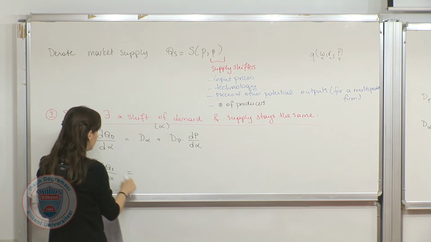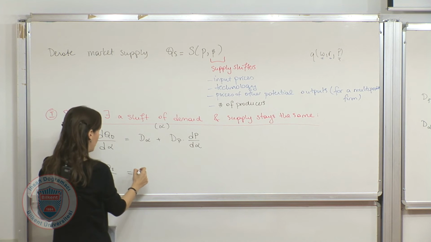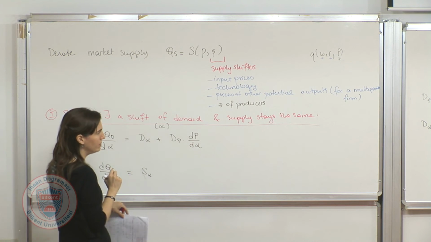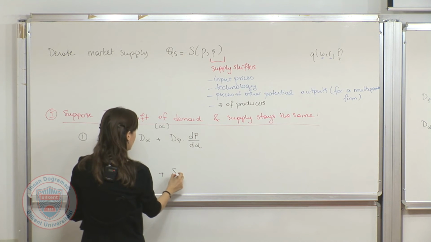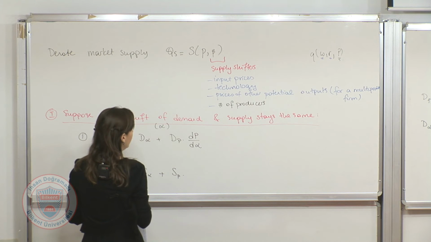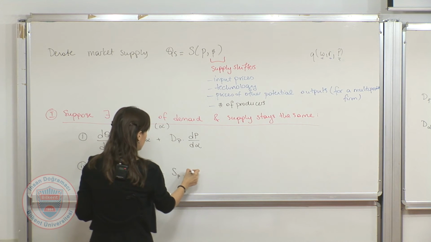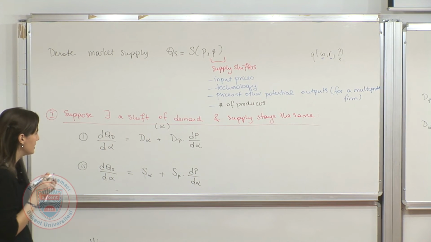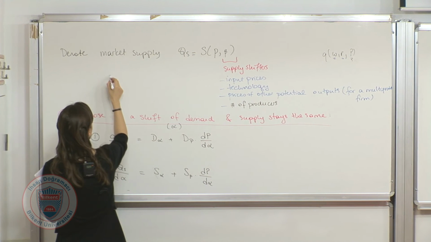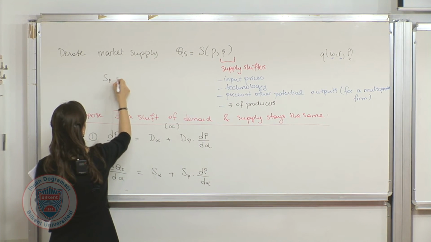Now, if I write here, what should I write? According to this same logic, I'm going to write S_alpha. That's the supply. Plus, I'm going to write S_P, and then dP d alpha. So this is basically the case. And I didn't tell you, but what is S_P?